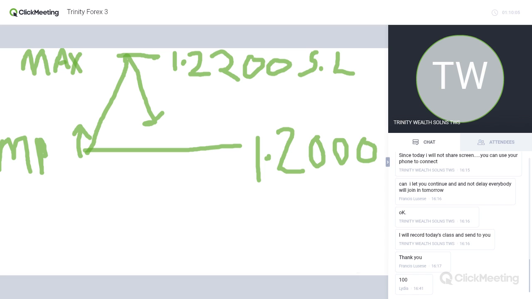Then there's what we call the, let me remove this. I illustrate the sell stop. So the sell stop, use the same scenario, all right?